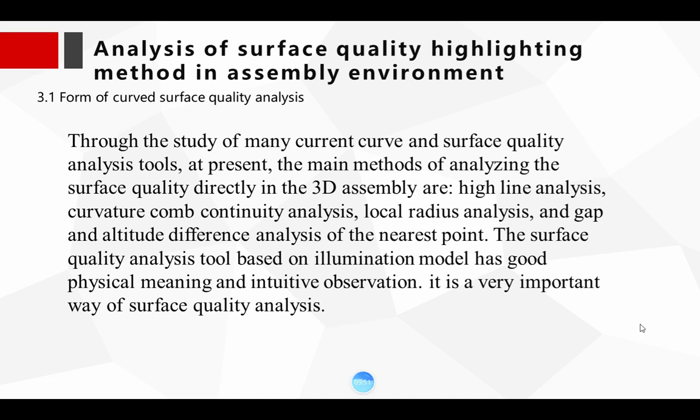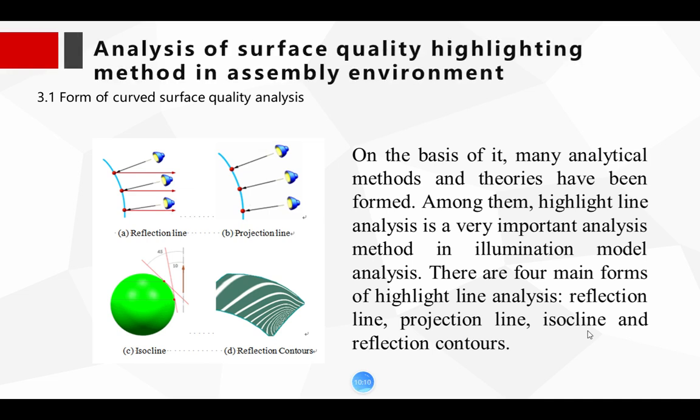The surface quality analysis tools based on the illumination model have good physical meaning and intuitive observation. It is a very important way of surface quality analysis, on the basis of which many analytical methods and theories have been formed.